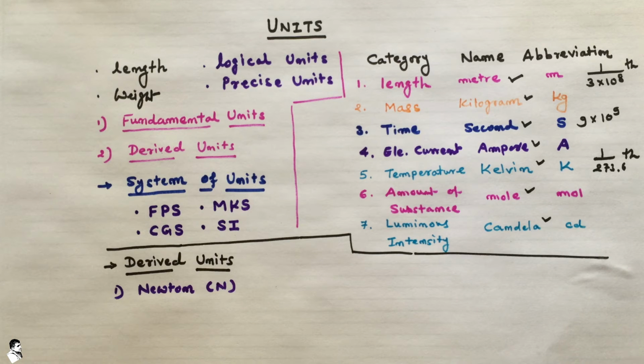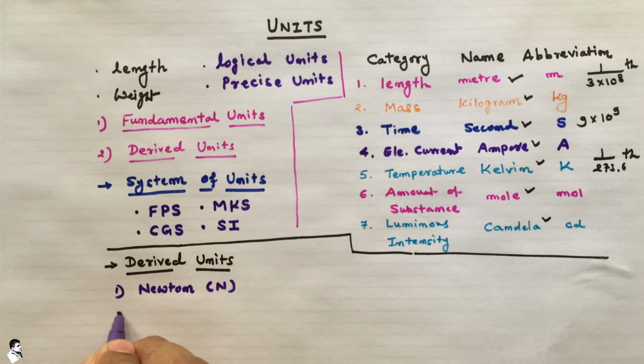It is the SI unit of force, generally defined as the force required to give a mass of 1 kilogram an acceleration of 1 meter per second squared, and it is named after the English mathematician and physicist Sir Isaac Newton.